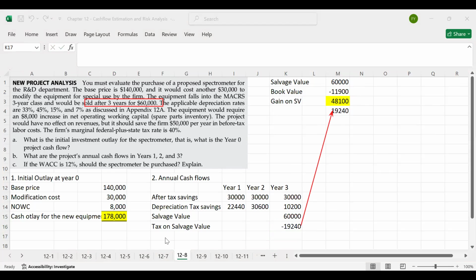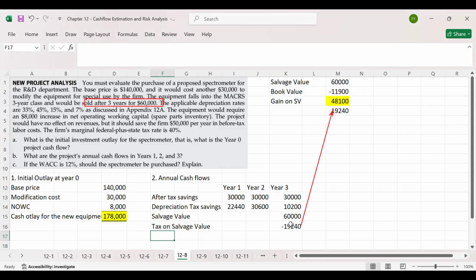Then the last thing which is remaining, the return of this spare part inventory, because in the initial outlay, the company required 8,000 increase in net operating working capital due to the spare parts inventory.